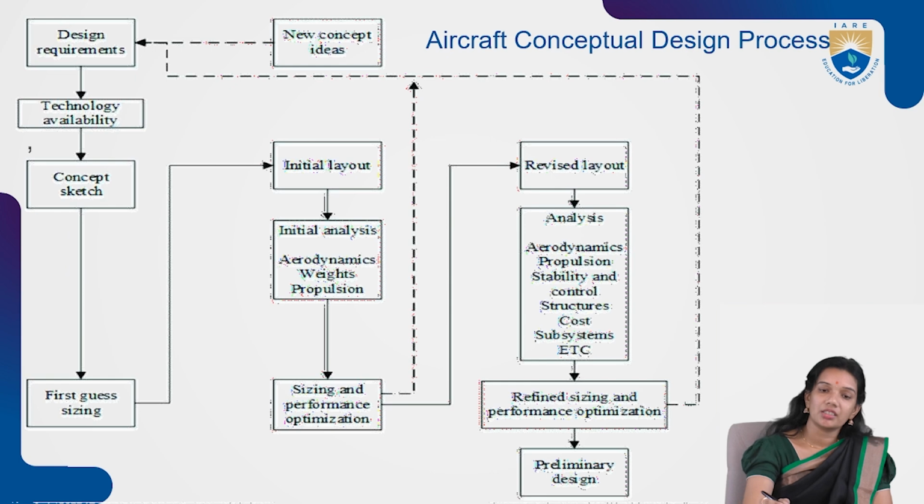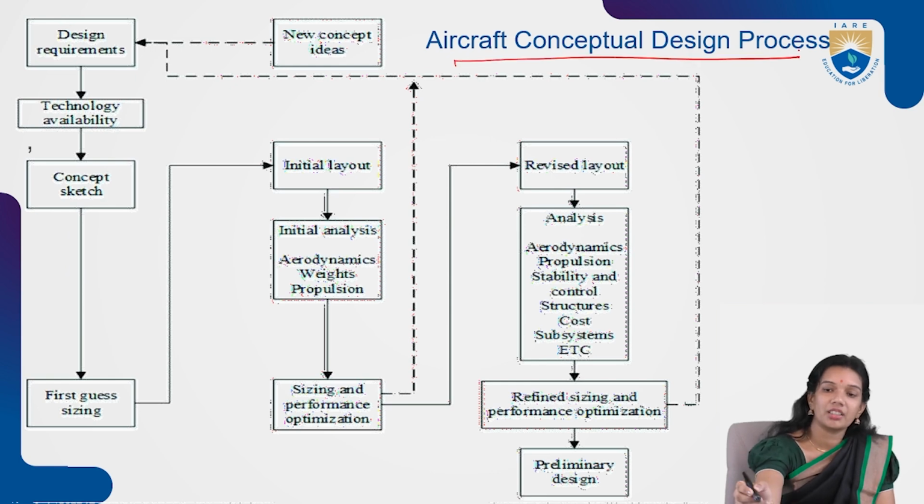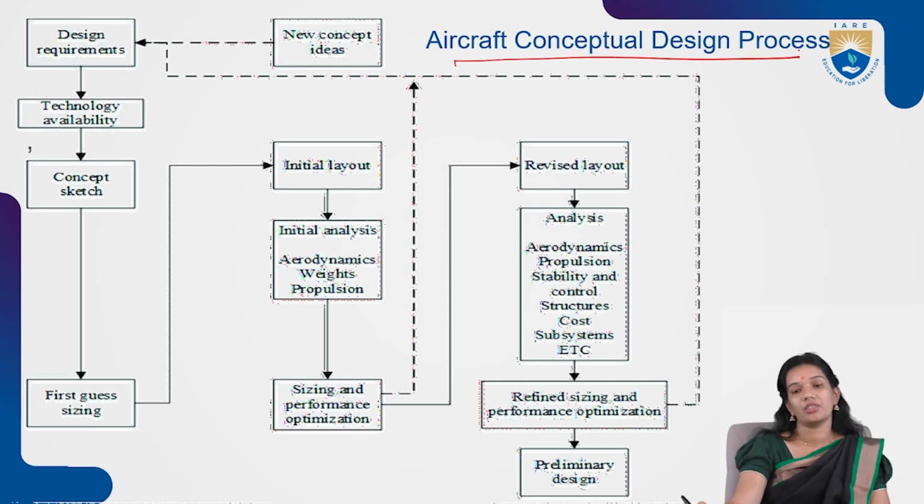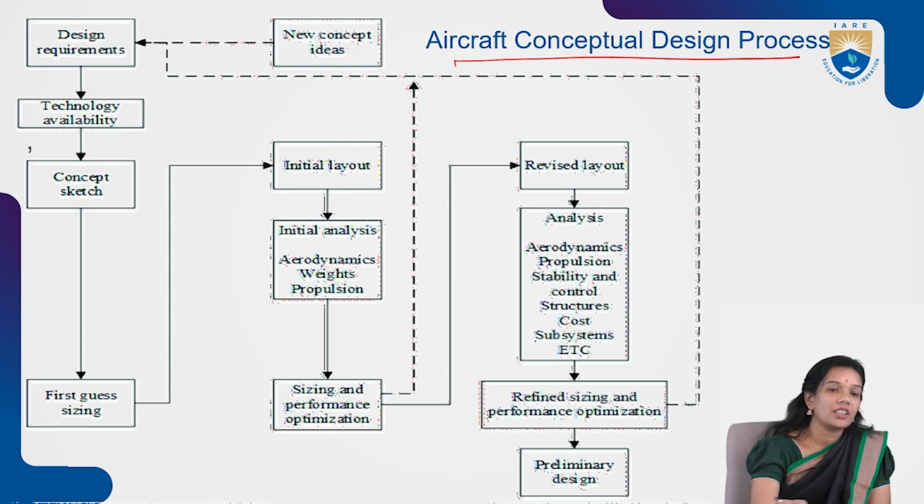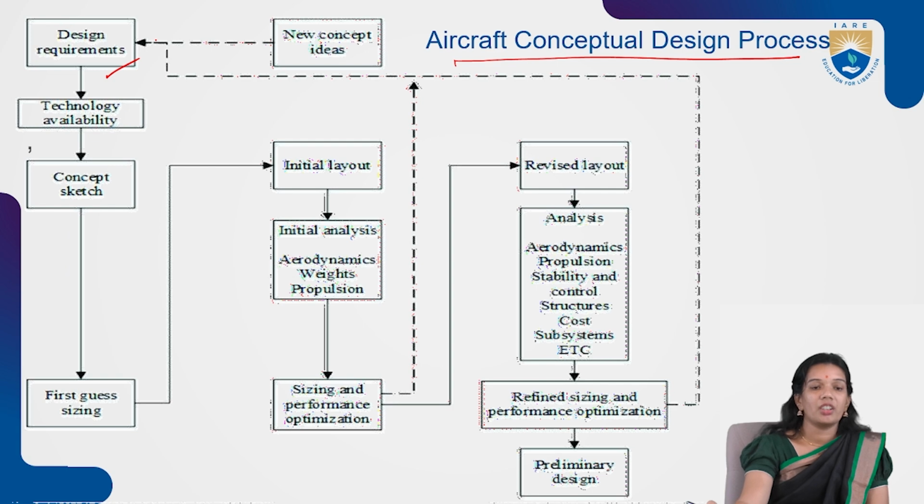And the next is your aircraft conceptual design process. So here we are going to talk only about the first phase, right? What are all the things that are going to happen in the first phase of the aircraft, which is conceptual design? So here the first thing is the design requirements that we have already mentioned. First of all, I take the requirements from the customer.